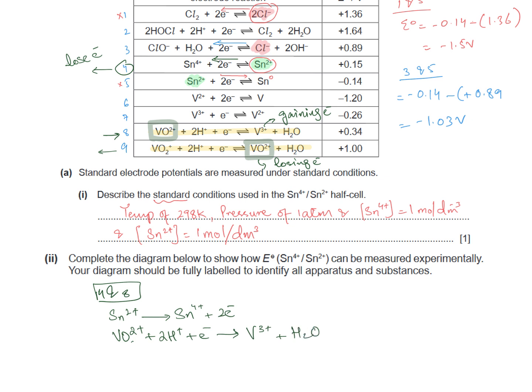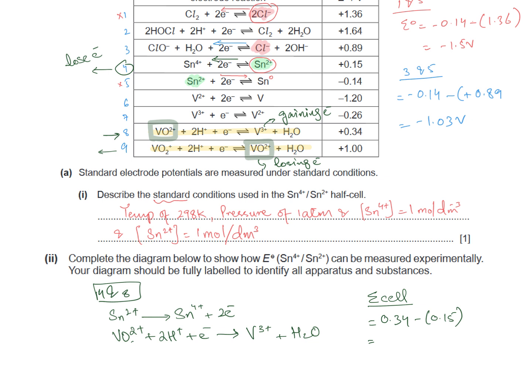The one which goes forward, if I have to calculate the E cell for this, is 0.34 minus the one which goes backward. In this case, it's going to be 0.15, and it is going to give me a positive E cell. Congratulations on that. They've not asked me to calculate that for now. So this is going to happen because of this reason.